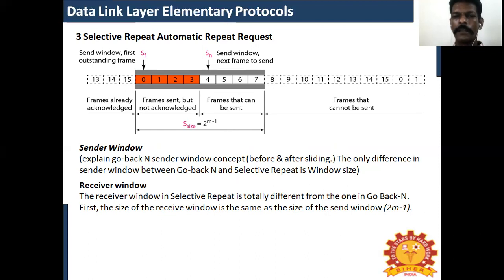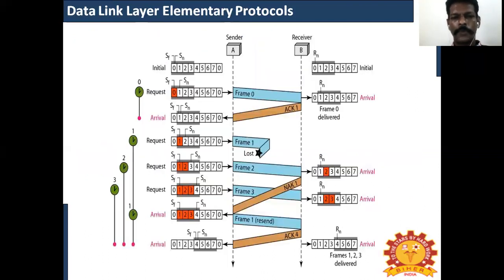Frames 8 to 15 and then 0 cannot be sent yet. First is the sender window, where we see the window before sliding and after sliding. In the case of the receiver window, the same formula applies, 2^m minus 1, same as in the Go-Back-N protocol.